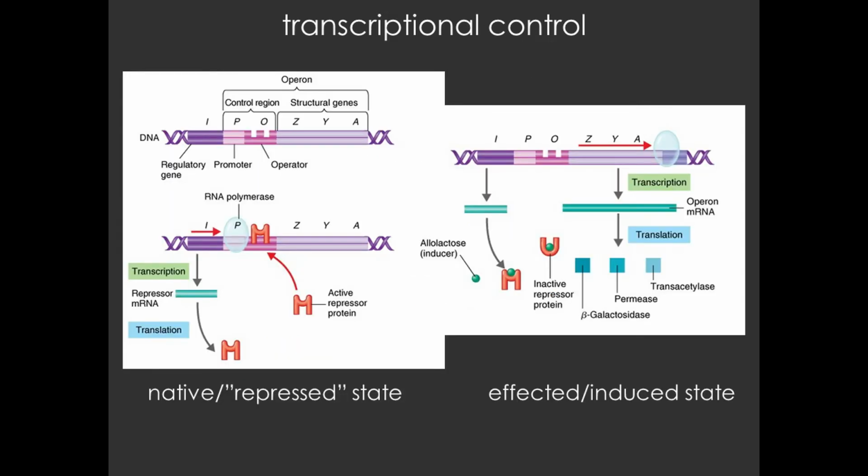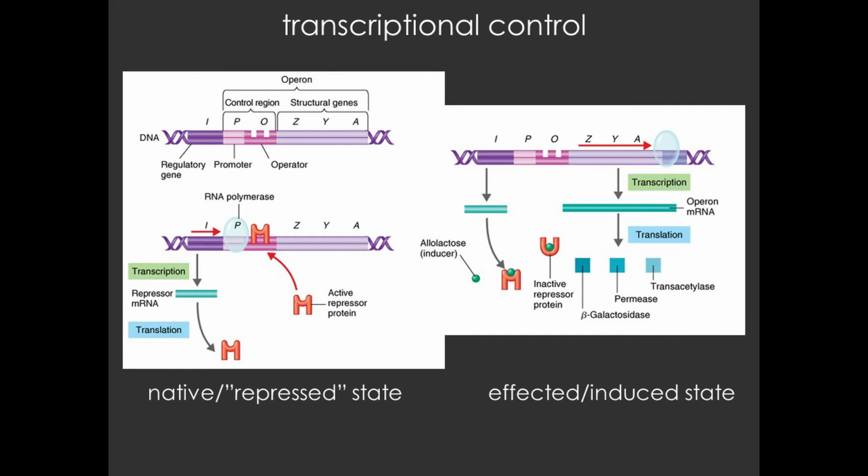So now that we have those things straight, let's look particularly at the LAC operon. At the upper left-hand side of your screen, you see the same picture that I showed you before, an operon composed of a regulatory gene, the control region, which is the promoter and the operator, and the structural genes, which are being controlled. Now, an inducible operon has a native state that follows the pathway shown on the left.